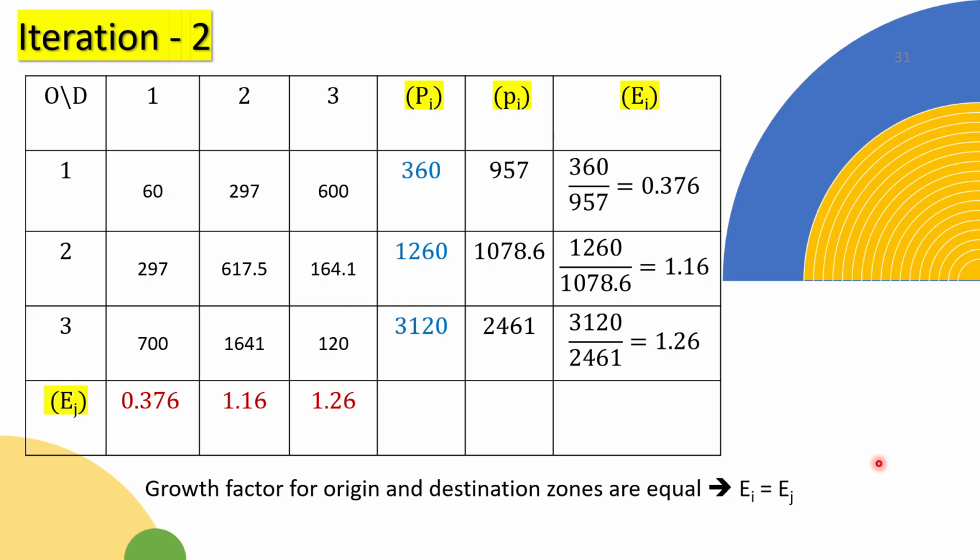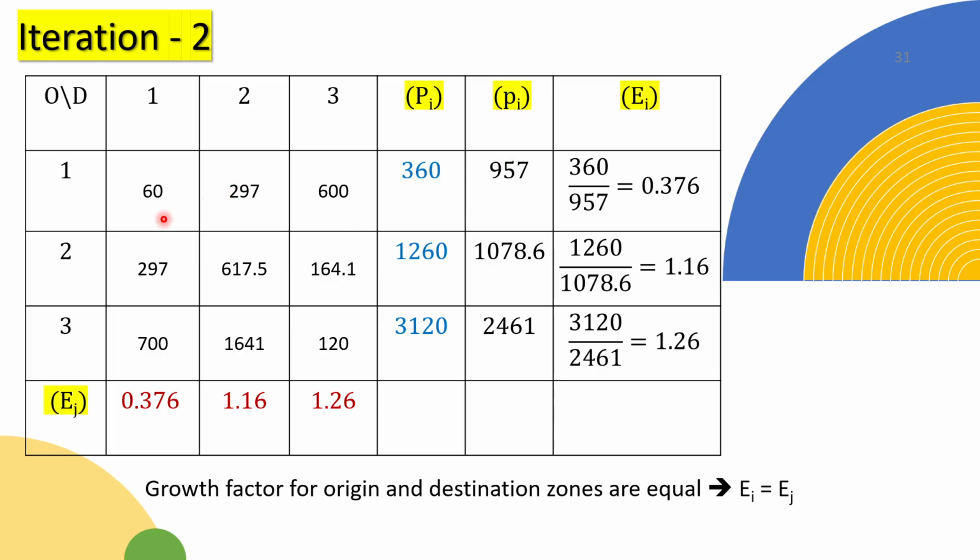Using this new OD matrix and keeping the future total trips constant, we have to find the new growth factor. So we have a new OD matrix and the future trips remain the same, but the present trips change. Present trip is the summation of total trips from each zone.